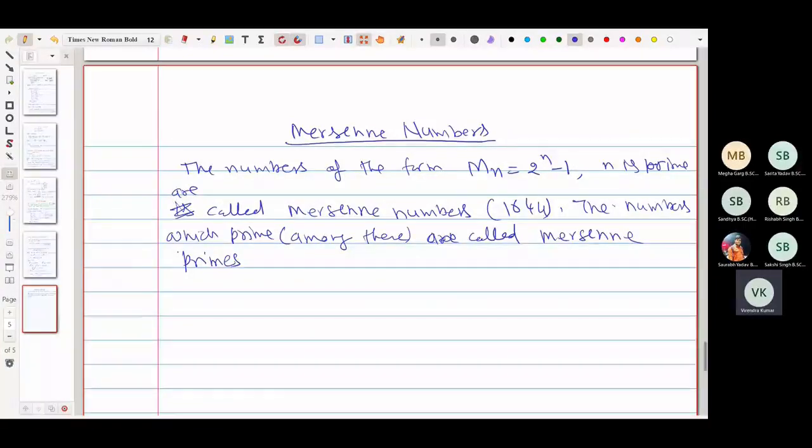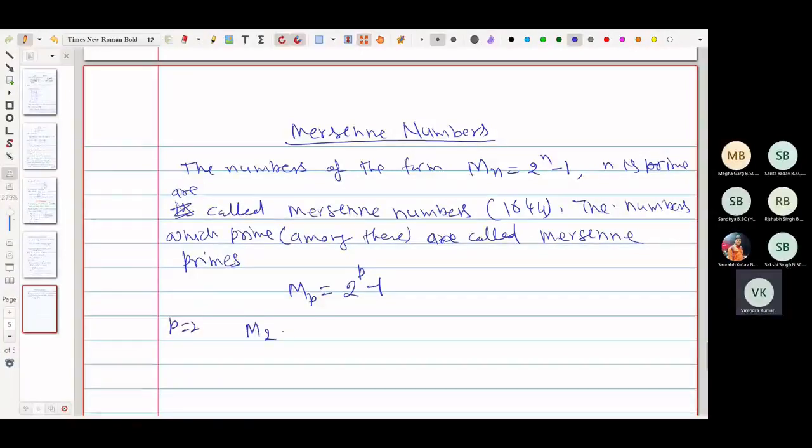Like we have seen in case of Fermat numbers, here also n can be only prime. In general, let us denote n by p because they are prime. So we can write 2 to the power p minus 1, and take p equals 2, because p needs to be prime.